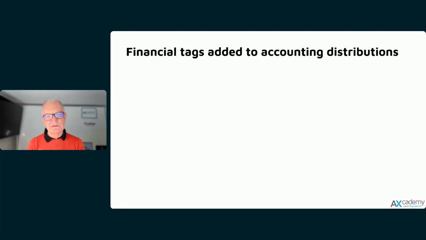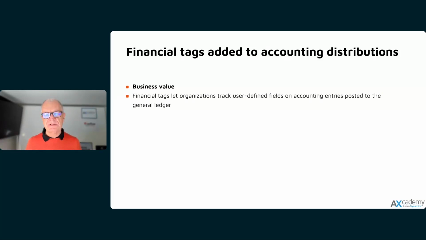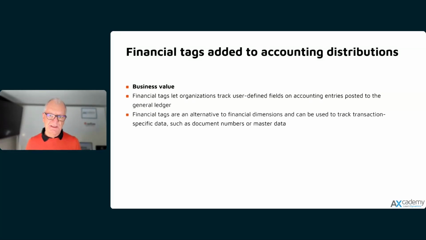And deservedly so, because if I really want to replace the financial dimensions with these values in here, it has to be sort of everywhere. And now it's getting to the accounting distribution. It's not done yet, but this is adding yet more places to use the financial tags.